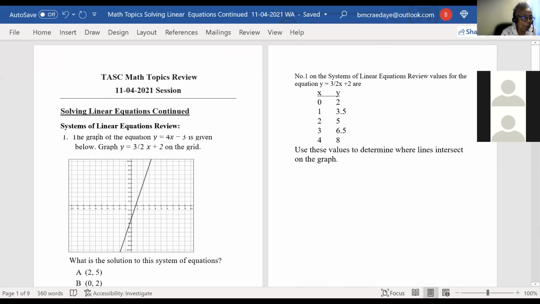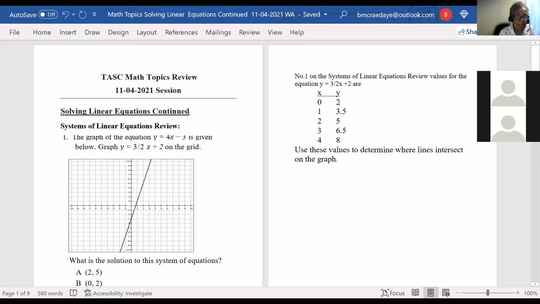You see here, the graph of the equation y equals 4x minus 3 is given below on this grid. Now it asks you to graph y equals 3/2 x plus 2 on the grid, but I sent you the values for that equation, so you could just plot them. When you plug in 0 for x, 3/2 times 0 is 0, and 0 plus 2 is 2.